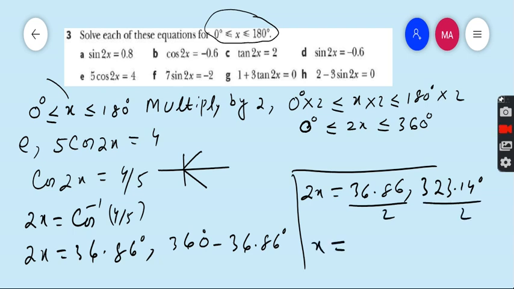So x is equals to 36.86 divided by 2 is 18.4.